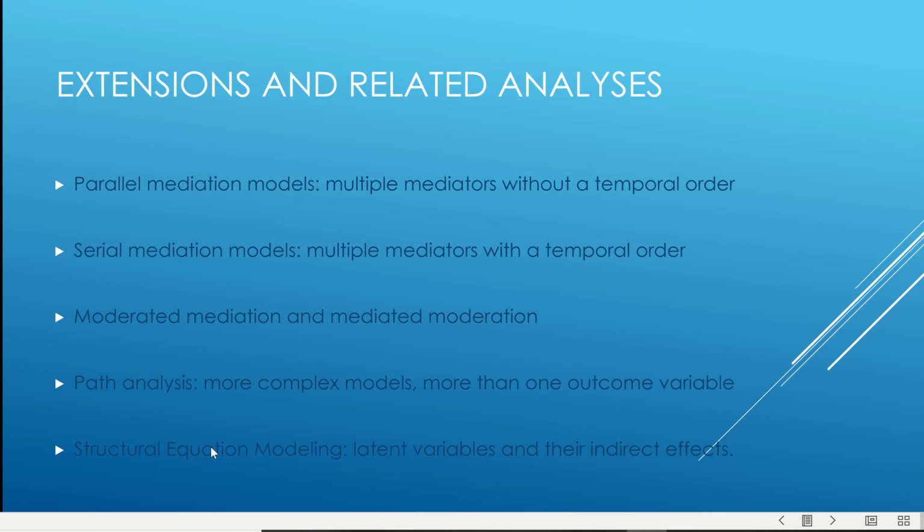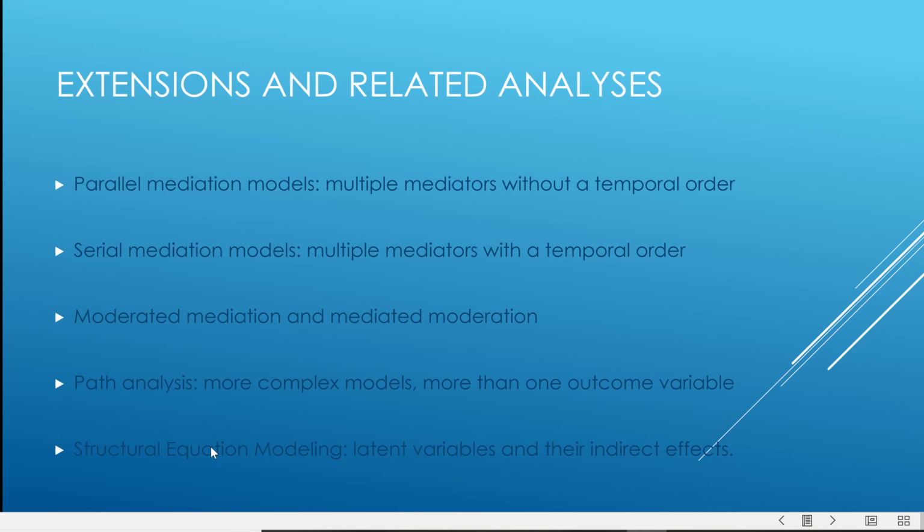They're more or less entered into the model simultaneously, and you could compare their relative importance. Serial mediation models involve having multiple mediators along the causal chain, but you assert the temporal precedence of the mediators. So X would lead to the first mediator, which in turn would lead to the second mediator, and so on.